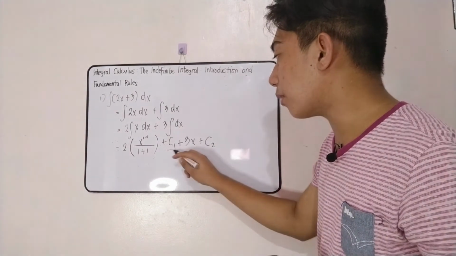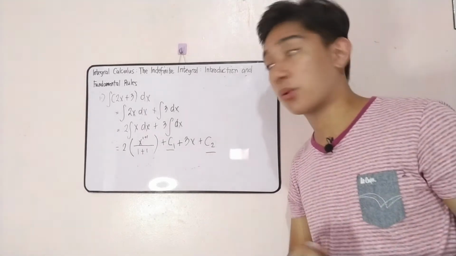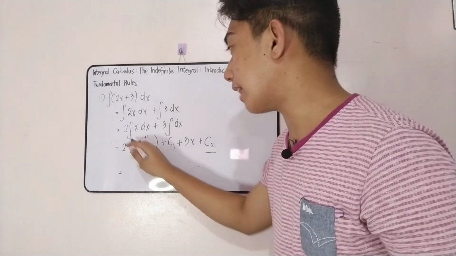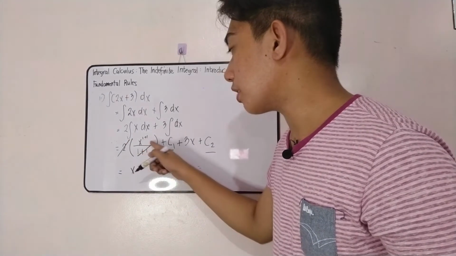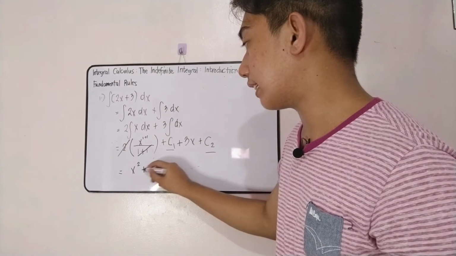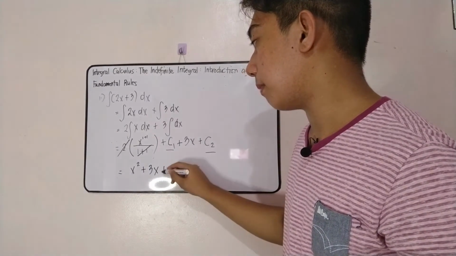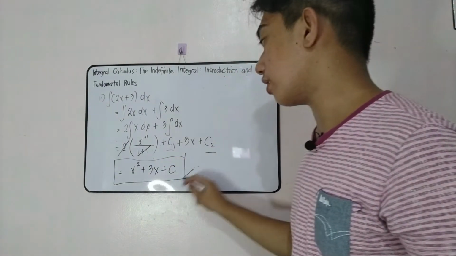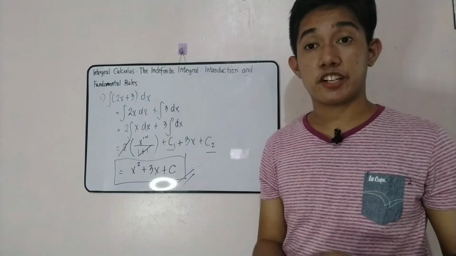And take note, c sub 1 and c sub 2 is just constant. So, we will just combine. And remember, 1 plus 1 is 2, so this will be cancelled. So, x, 1 plus 1, 2. So, x squared plus 3x plus c.